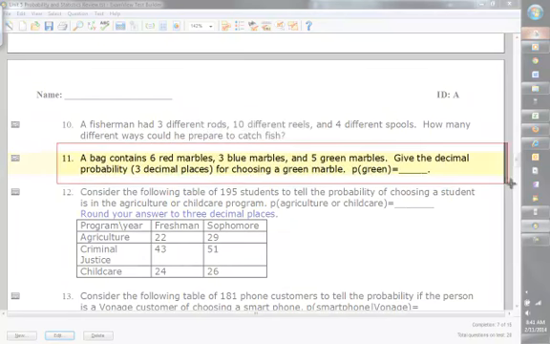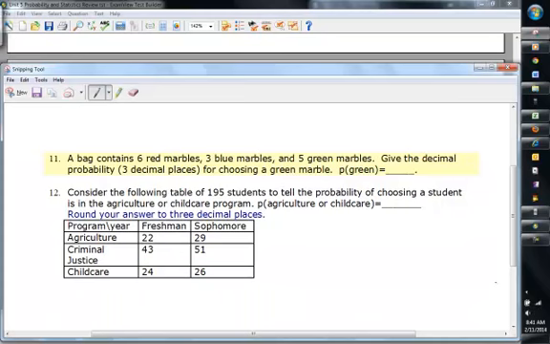A bag contains 6 red marbles, 3 blue marbles, and 5 green marbles. Give the decimal probability for choosing a green. Remember, probability is favorable over total.